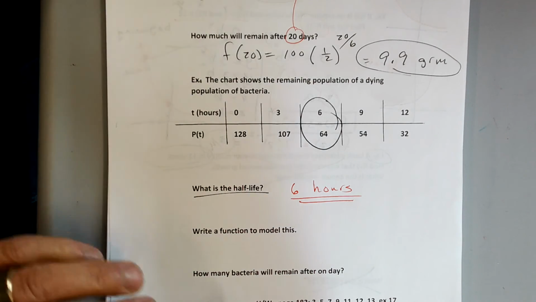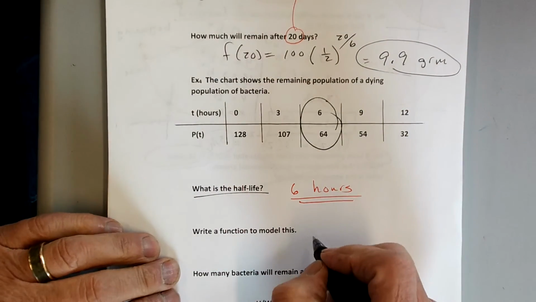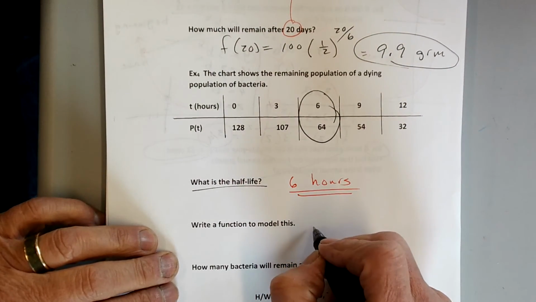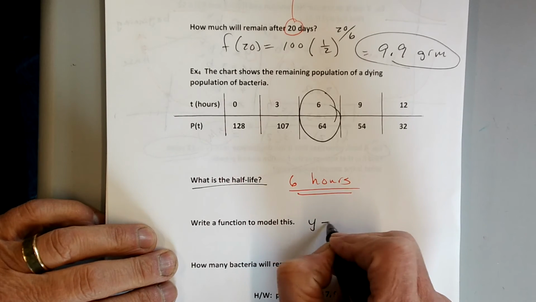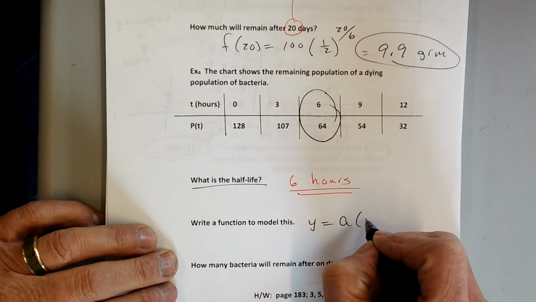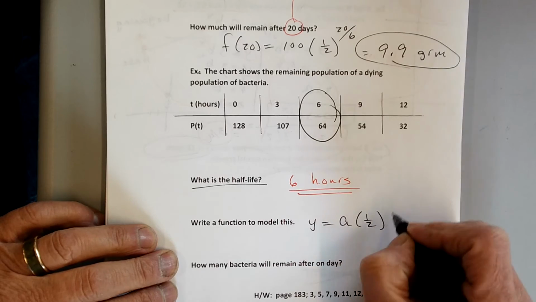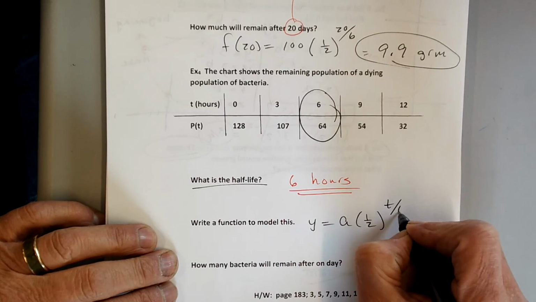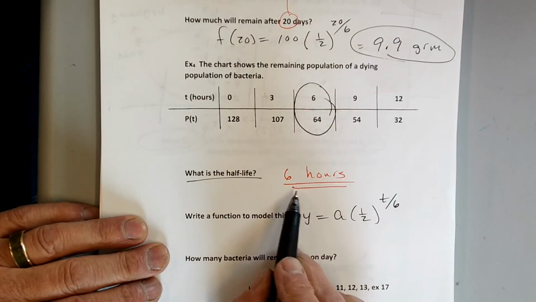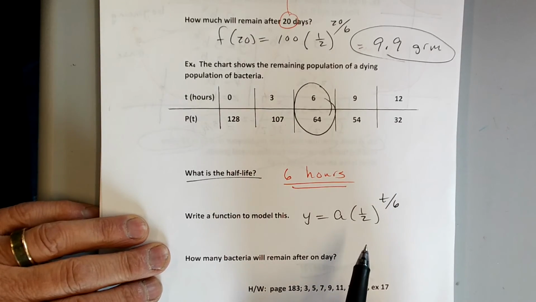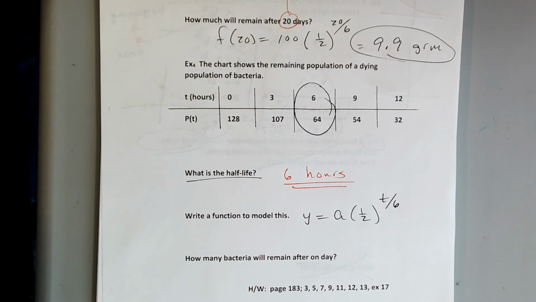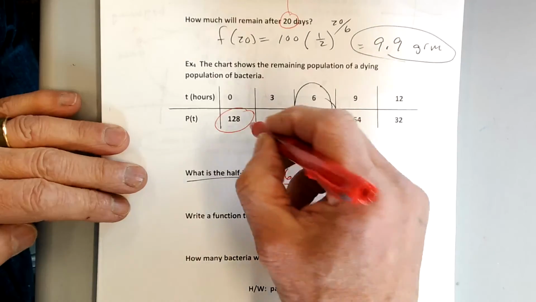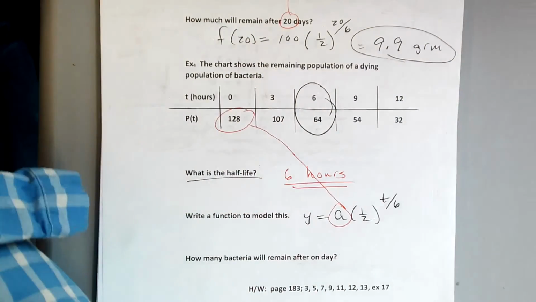Okay? Write a function to model this. Well, we know it's exponential. So we're going to start with y equals a times 1/2 to the t over 6, because it's a 6-hour cycle. What's our beginning amount? 128. So we're going to put our 128 right there.